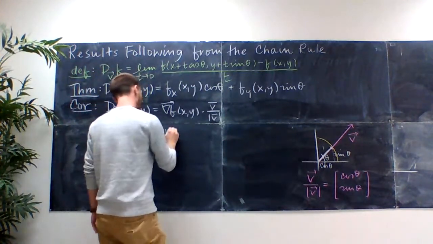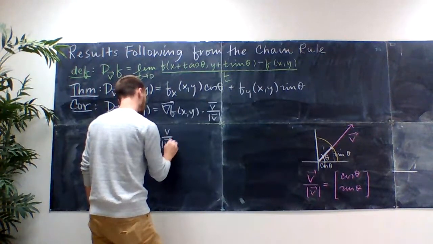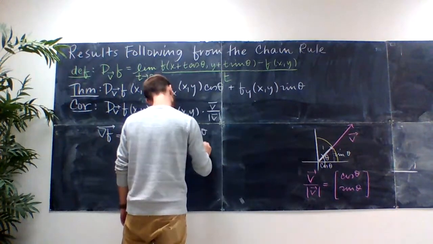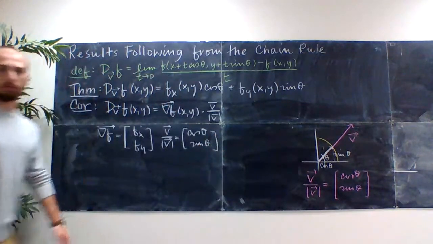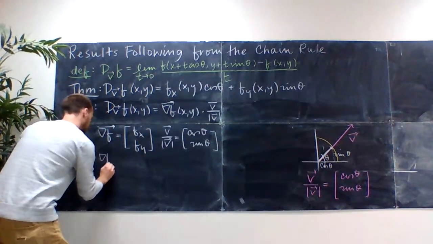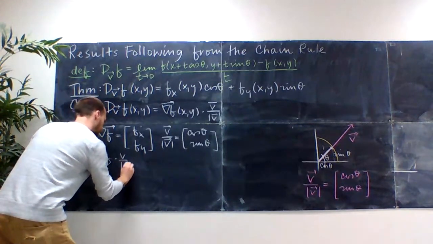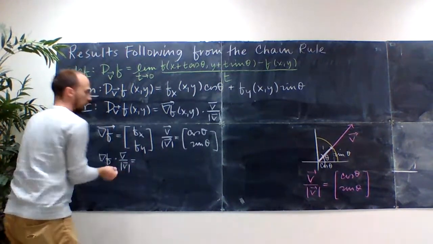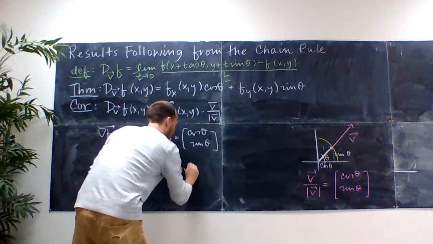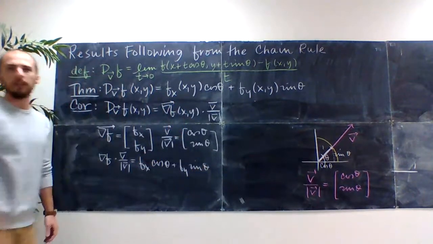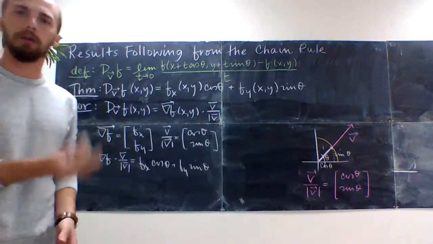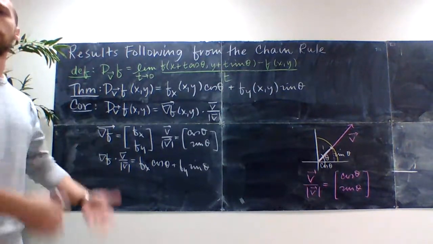Over there, I've got the unit vector in the direction of v equaling cosine theta, sine theta. So, based on the way the dot product works, it's going to be fx cosine theta plus fy sine theta, which I just showed is equal to the directional derivative. Okay, so this is why that formula works, where we take the gradient and dot it with the unit vector in the direction that we're interested in to get the directional derivative.